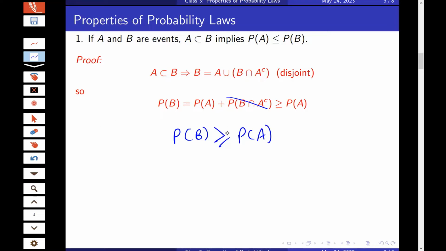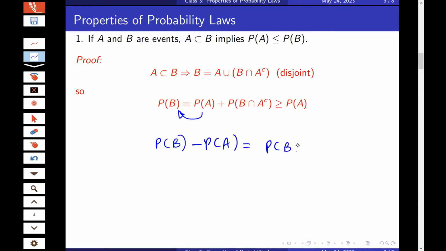In other words, there's another way you can show this. I'm going to bring this P(A) to this side: P(B) minus P(A) equals P(B intersection A complement).